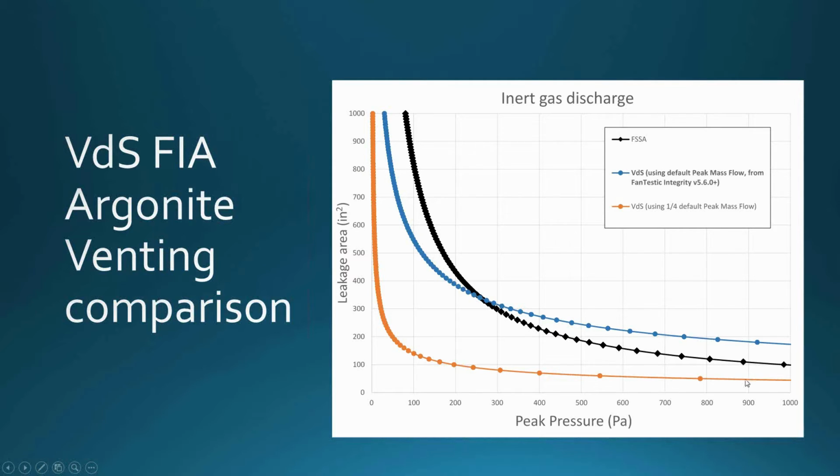So if we were to use the average flow rate through the nozzle, then let's say at 250 pascals, here we're calling out about 100 units of leakage, and here we're calling out 350 units of leakage, meaning that we need 100 units of leakage in order to keep the peak pressure below 250 pascals.